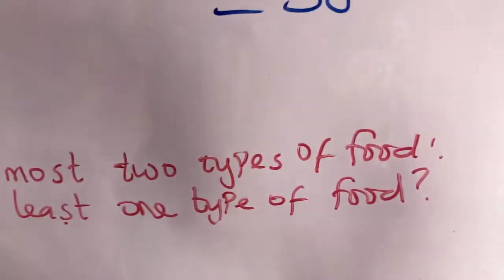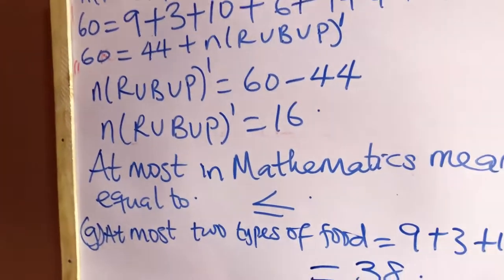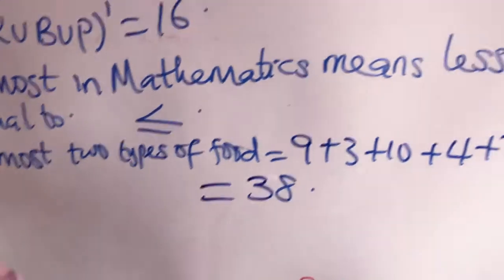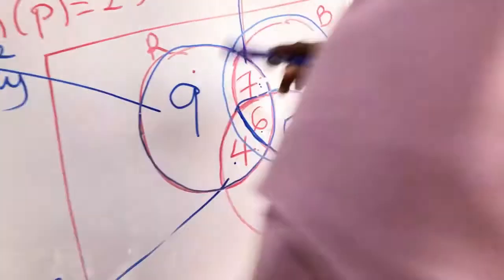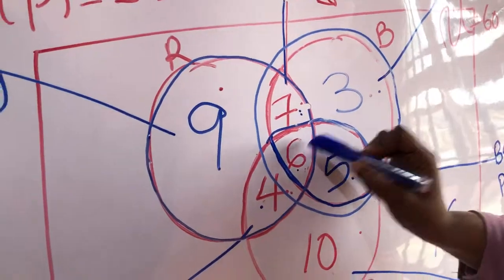H, at least 1 type of food. I explained that at least means greater than or equal to. So at least 1 type of food, we start from 1, and those that like 2 foods, and those that like 3 foods.